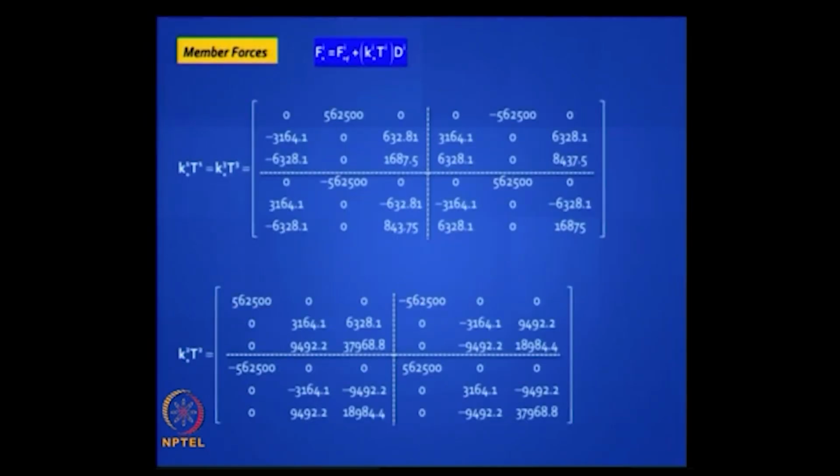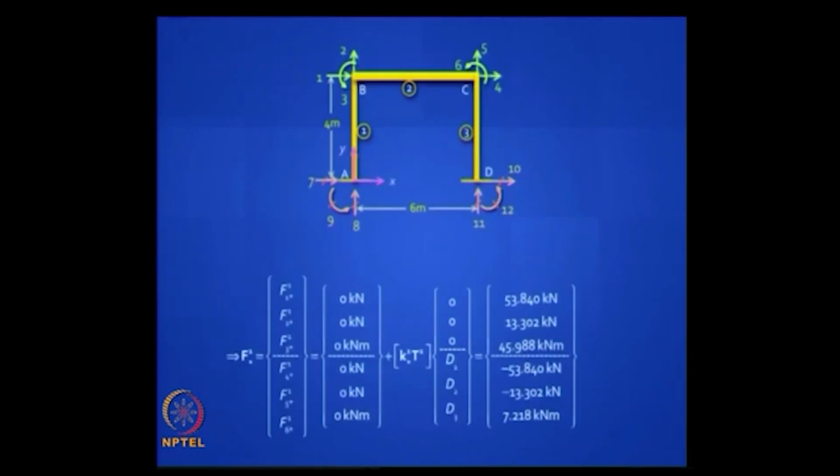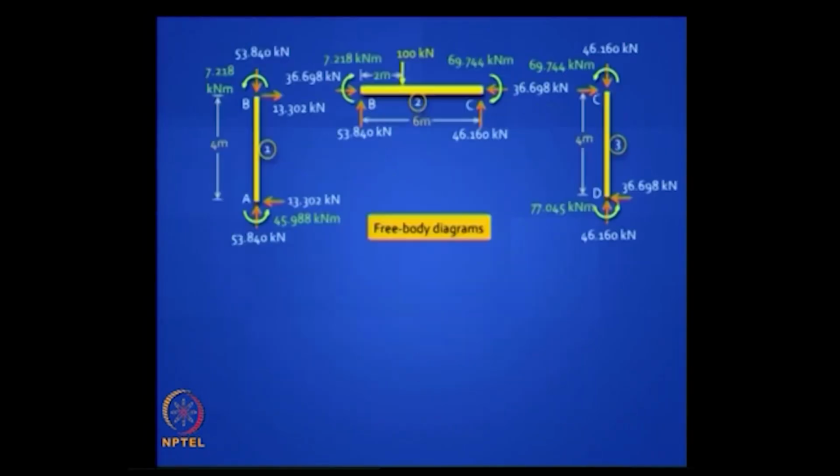And then your next step is to find the member forces, which you can do by, you already have these computed and stored in your memory, the Ki, Ti, and you plug in those values, you get the member forces, okay, for all the 3 elements.